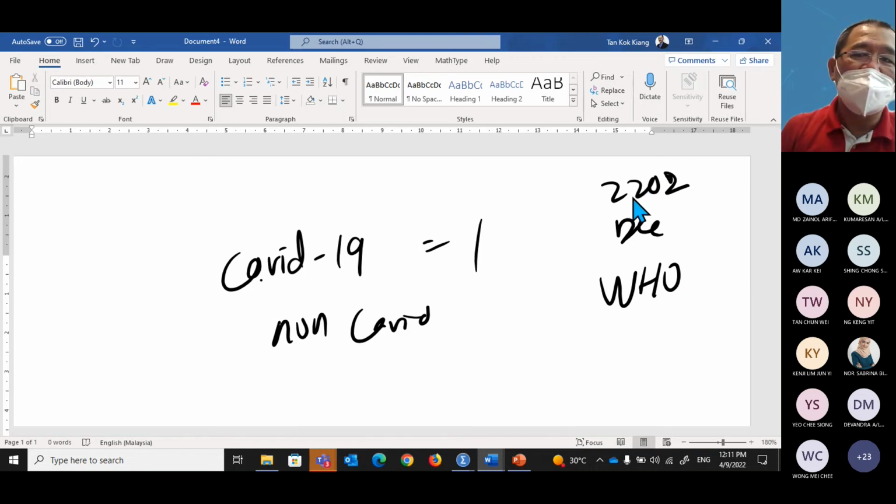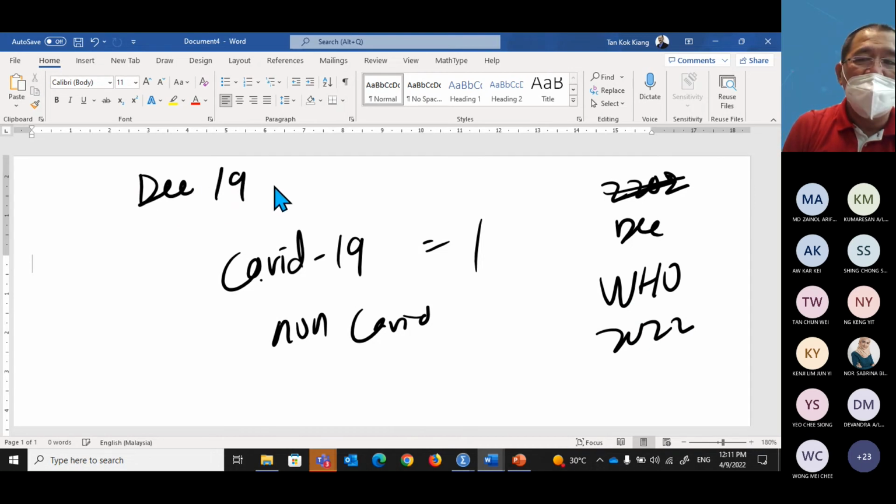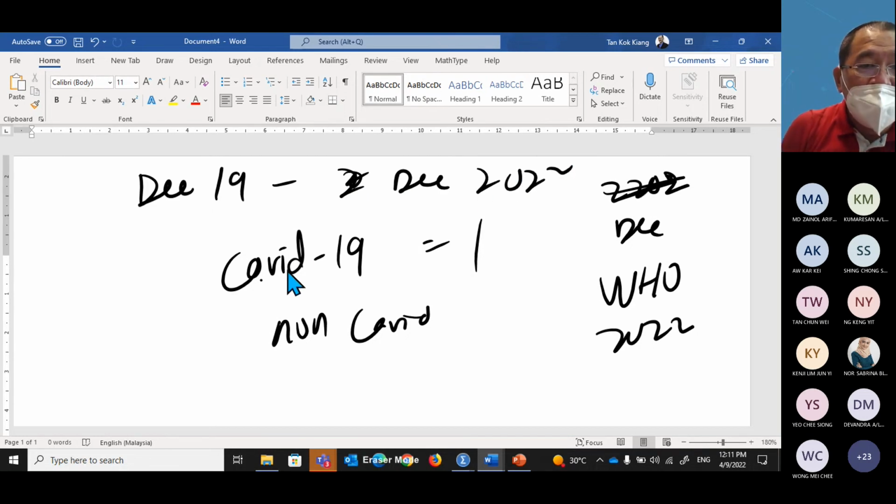It actually lasted from December 2019 until December 2022. Therefore, if you have monthly data, you can put December 2019 as 1, until December 2022, still 1.